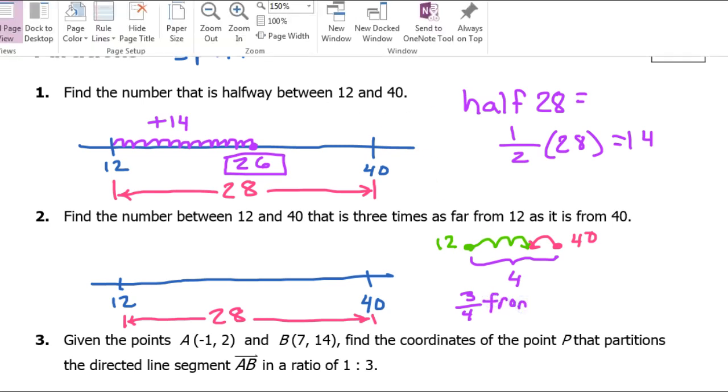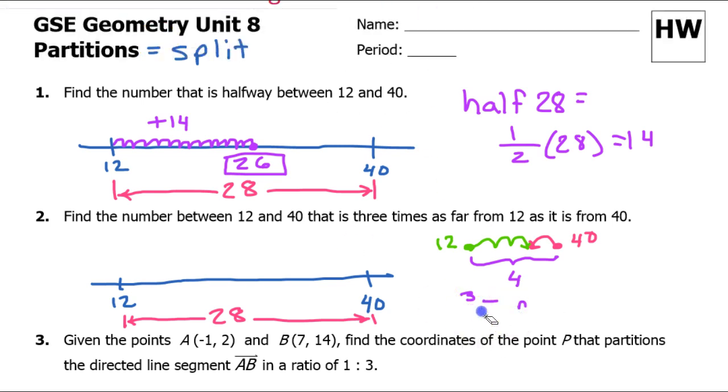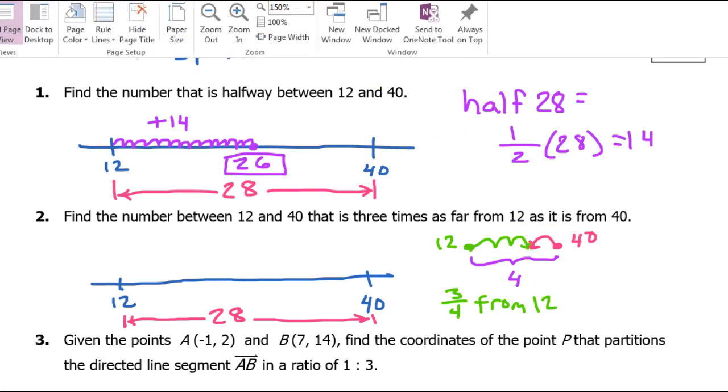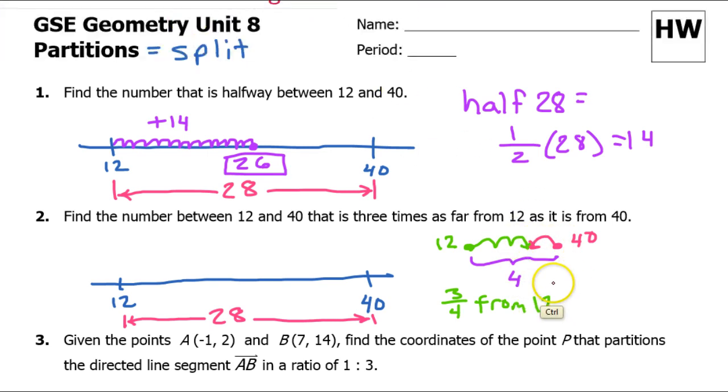Maybe I should color coordinate this. Because the total is 4, if I take 3 steps from 12, that's 3/4 of the way. So that's going to be 3/4 of the way from 12. And if I step away from the 40, I'm going to be 1/4 of the way from 40.